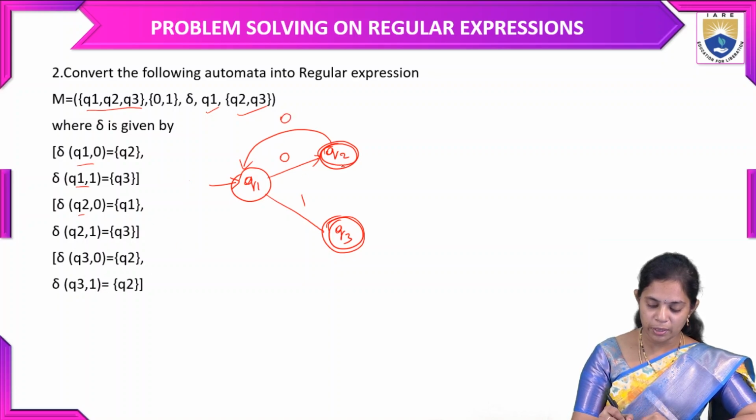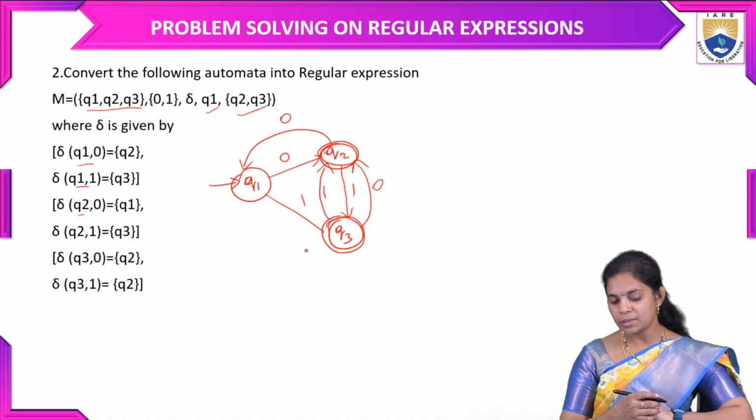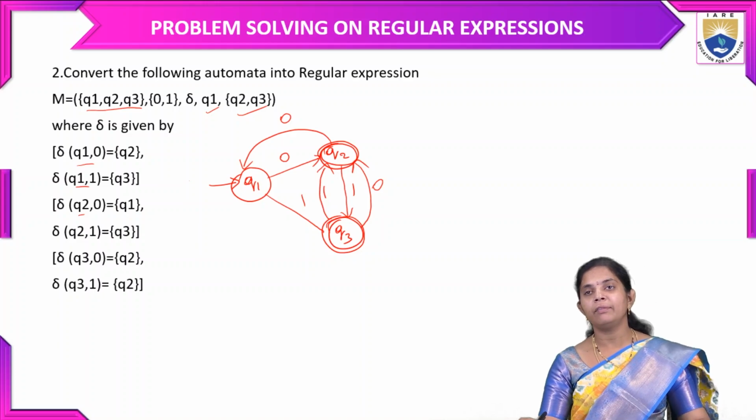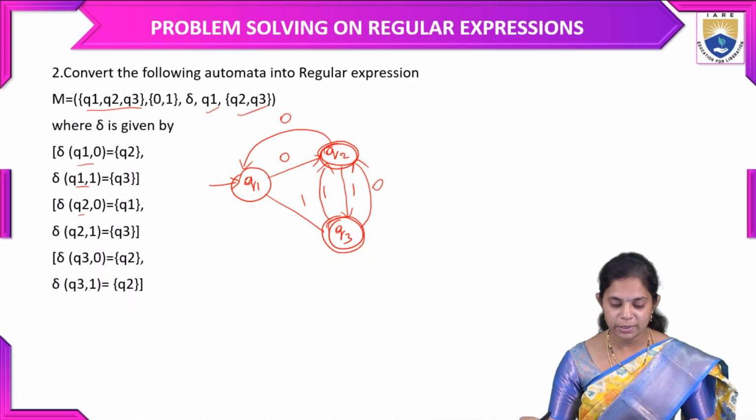From Q2, 1 as input reaches Q3. From Q3, 0 input reaches the Q2 state, and from Q3, 1 also reaches Q2 only. So this is the transition diagram for the given example.